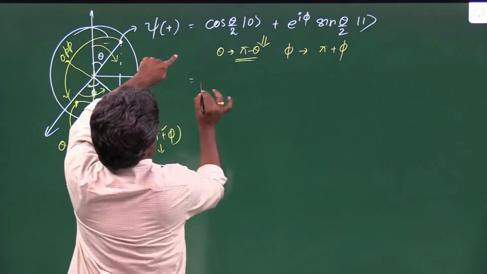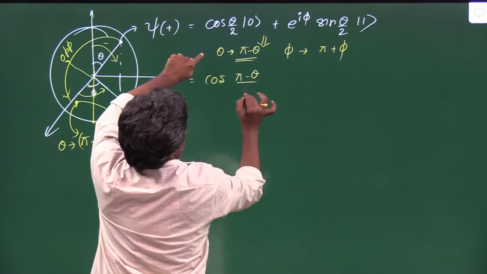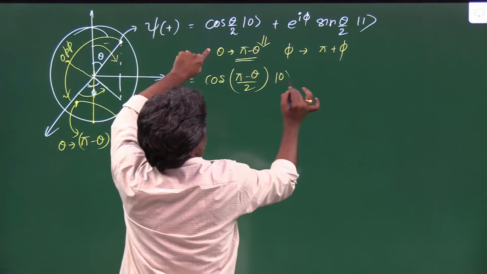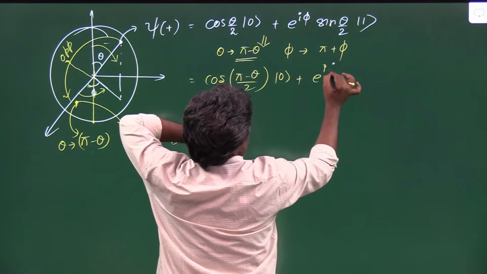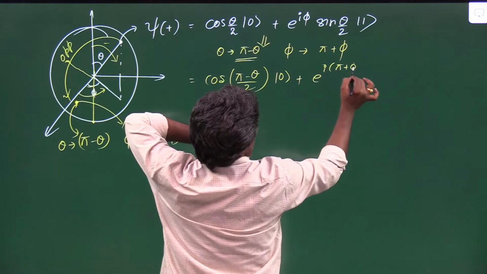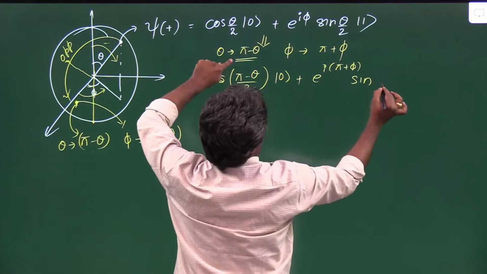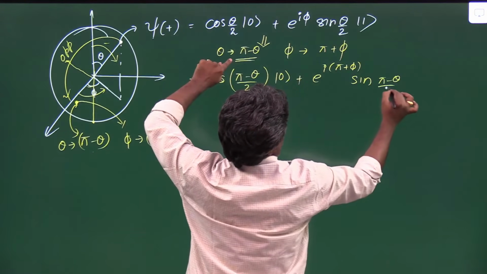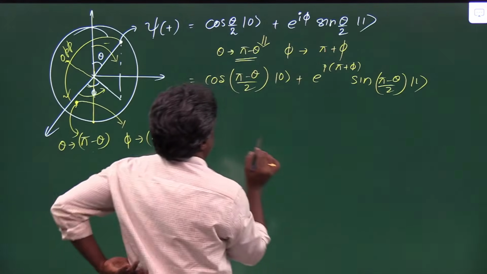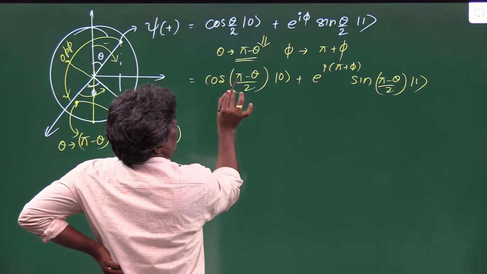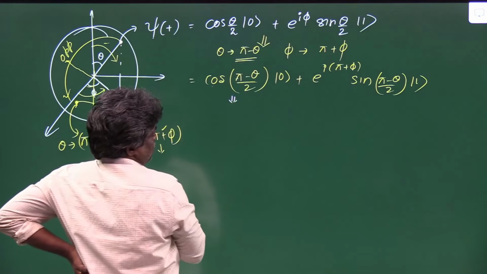Now see the magic. Cos theta is replaced with cos of pi minus theta by 2 ket 0, e raised to I phi replaced with phi plus pi, sin theta replaced with sin of pi minus theta by 2 ket 1. Now, sir, cos of 90 minus theta by 2, this pi by 2 is 90.